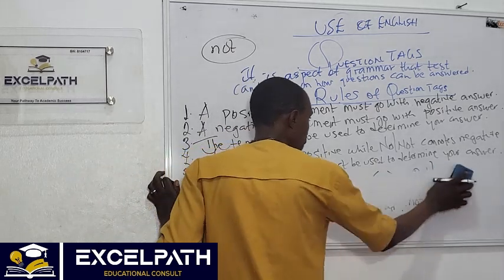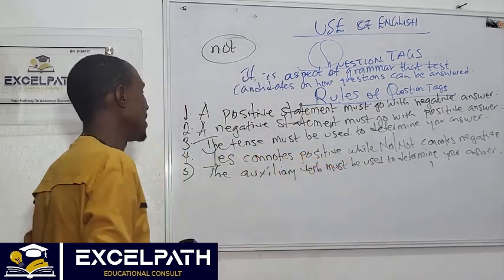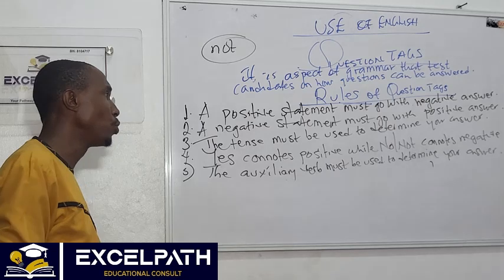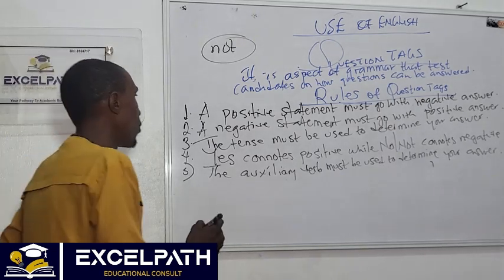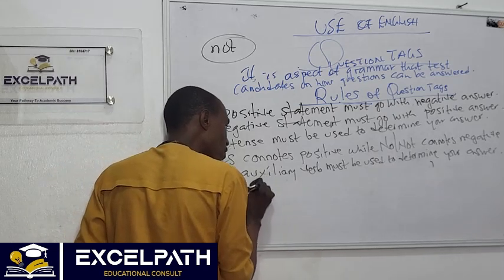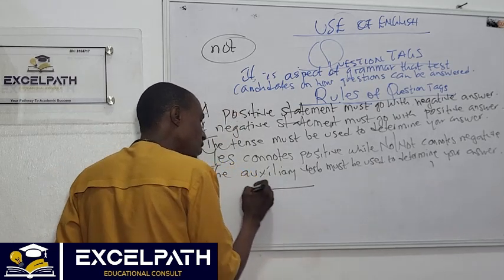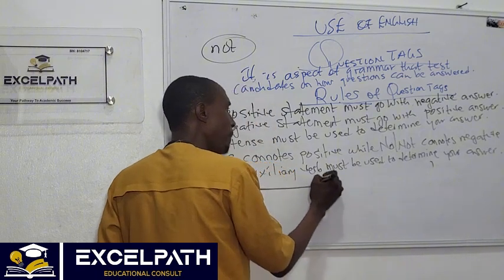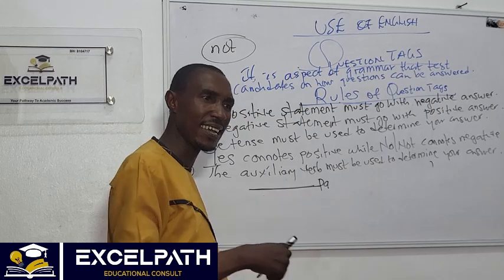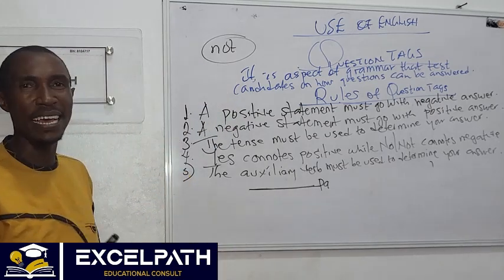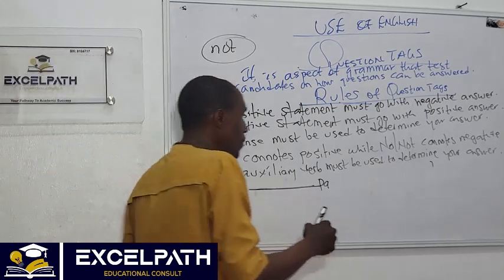Then number three is, the tense must be used to determine your answer. If the statement given to you is past tense, your answer too must be what? Past tense. If it is present tense, your answer too must be what?